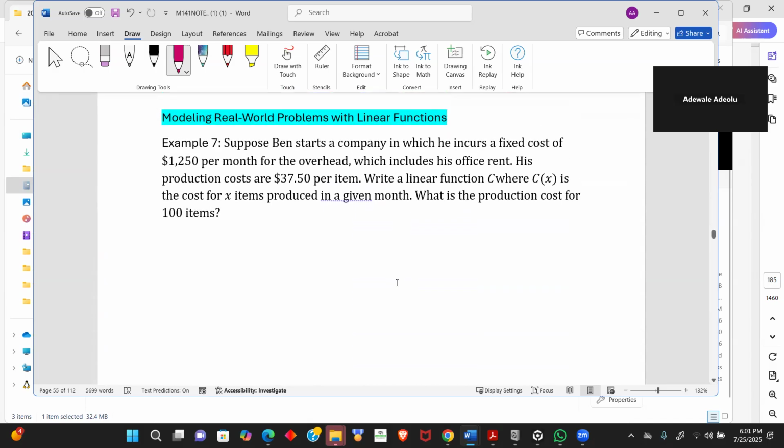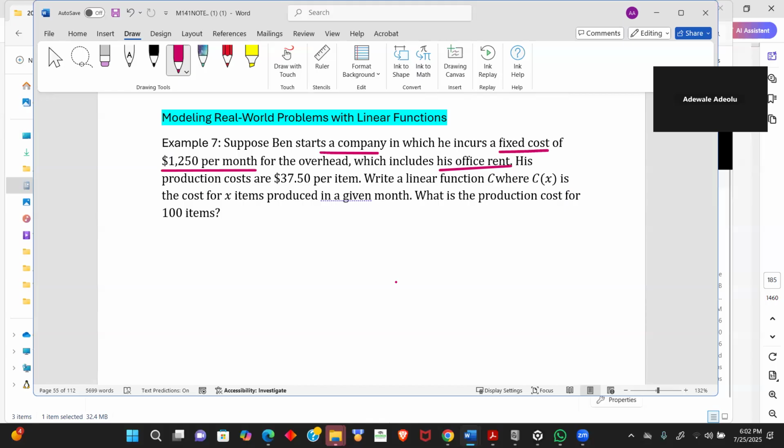Okay, let us look at some real world problems. Suppose Ben is starting a company in which he incurs a fixed cost. I explained the meaning of fixed cost the other time, of $1,250 per month for the overhead, which includes his office rent.